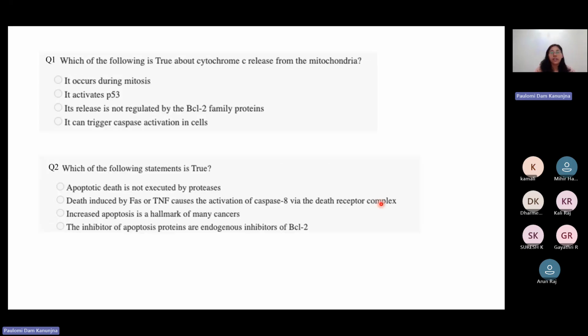Now the last two questions here connect you back to apoptosis and this topic. Which of the following is true about cytochrome C released from mitochondria? We'll see where it is happening from.